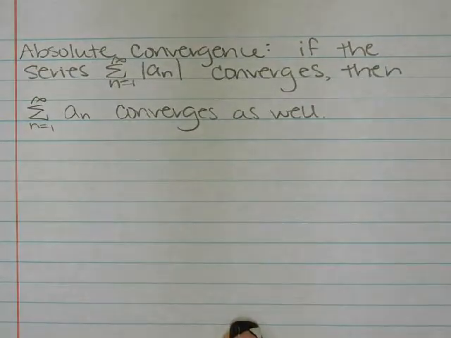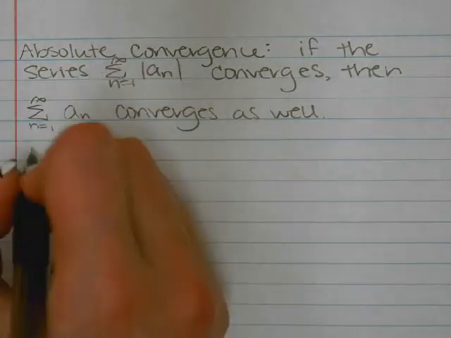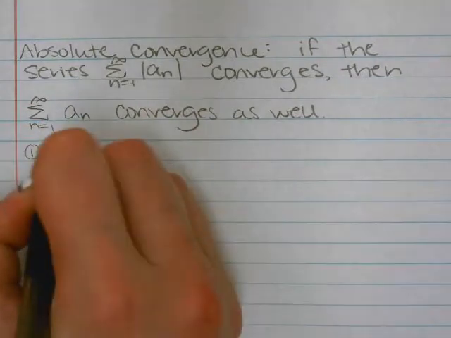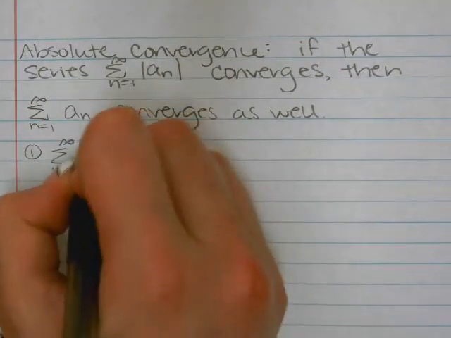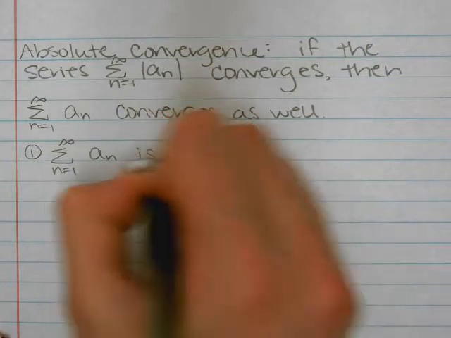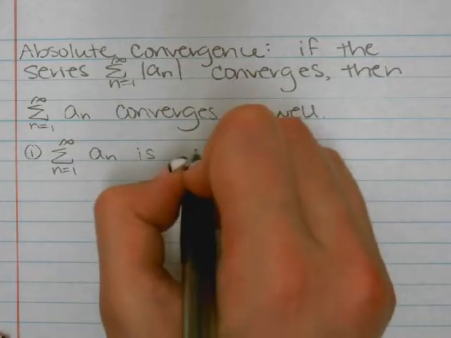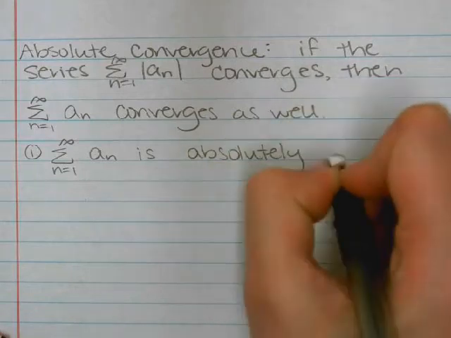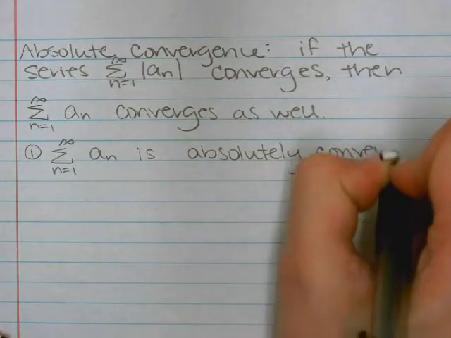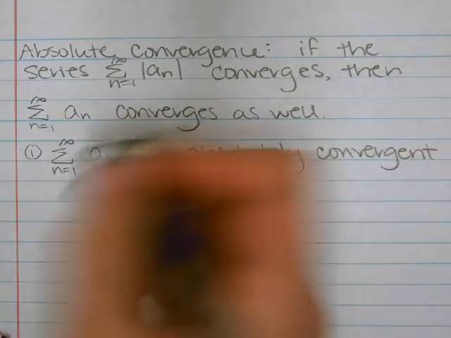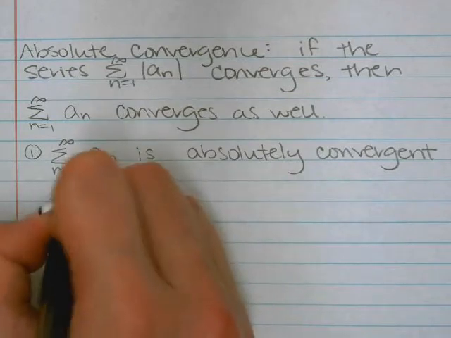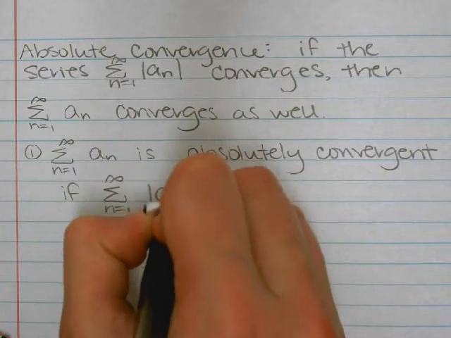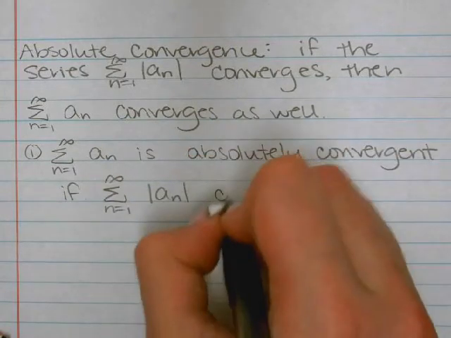So we have two different scenarios here. The first scenario is that the series is absolutely convergent, if this one converges.